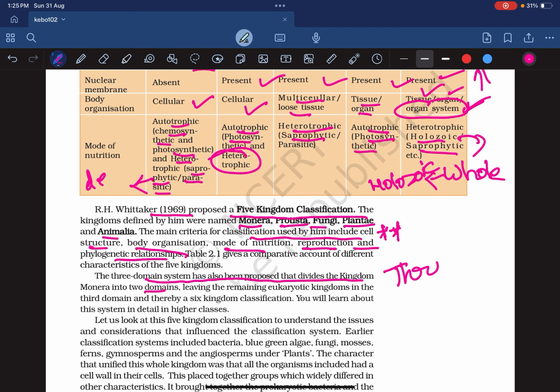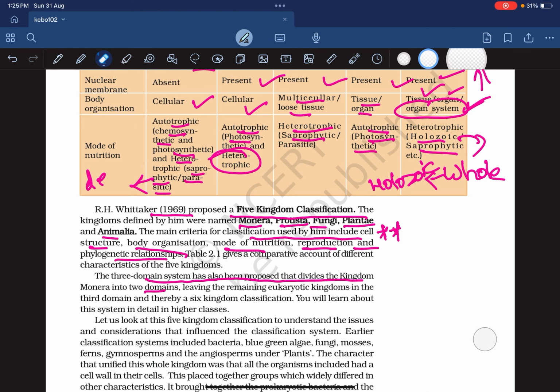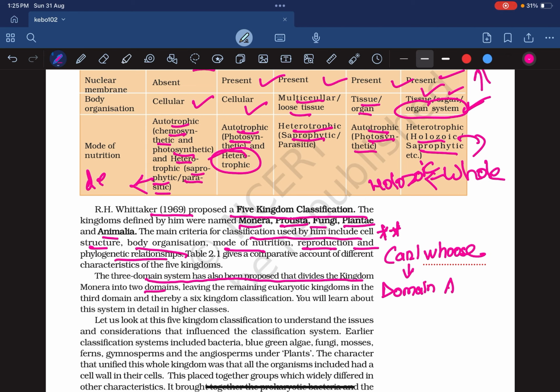Actually, the three domain system was introduced by Carl Woese, which includes domain Archaea, domain Bacteria, and domain Eukarya.